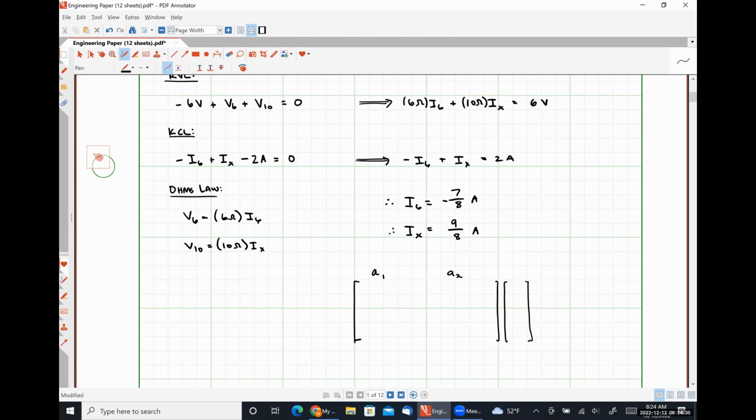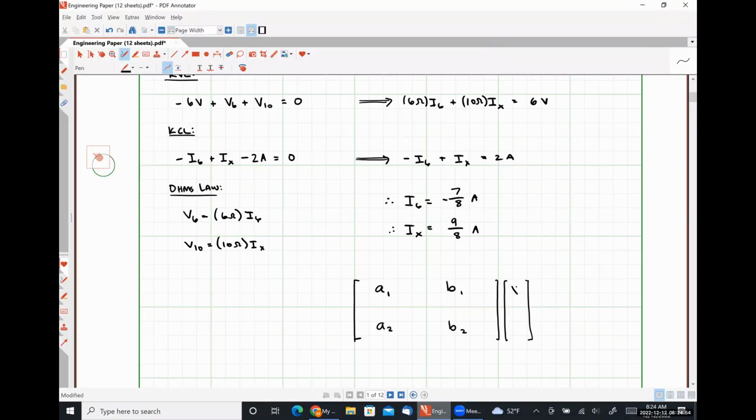So these are the coefficients. So we're going to have A1 here, B1 here, A2 here, B2 here. This is our first variable, which I'll call X1. This is our second variable, which I'll call X2.